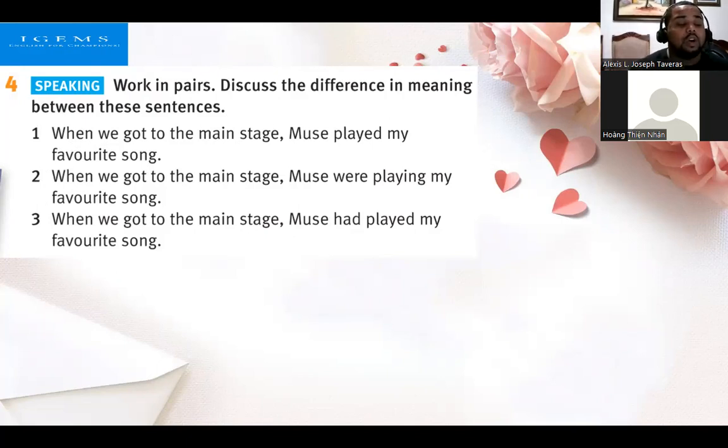Next, when we got to the main stage, Muse had played my favorite song, which means it happened maybe once, but has not continued anymore. That's why we use had in this case of the past. When we got to the main stage, which is the top, Muse had played my favorite song.